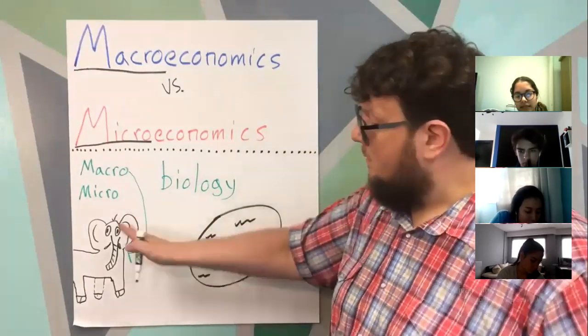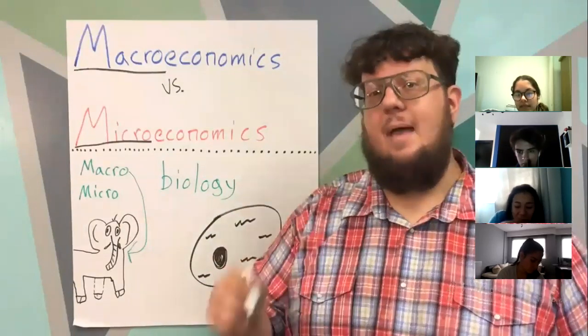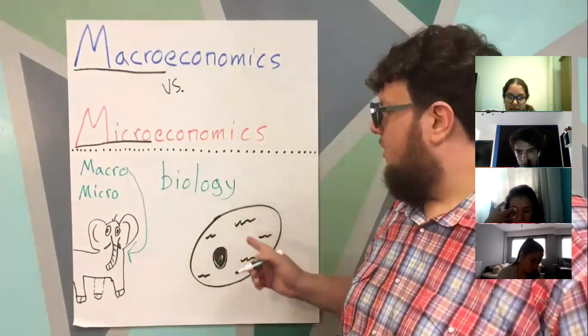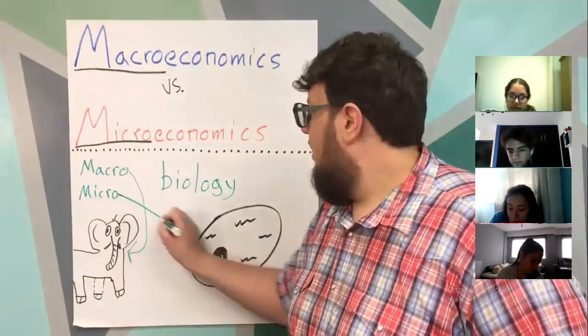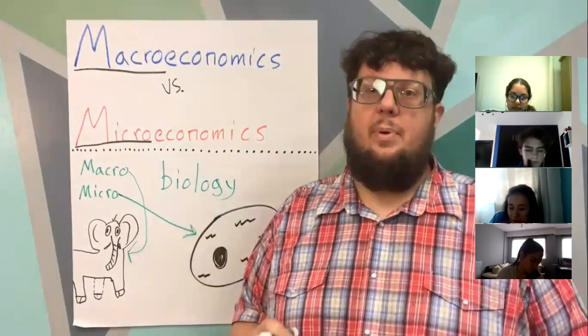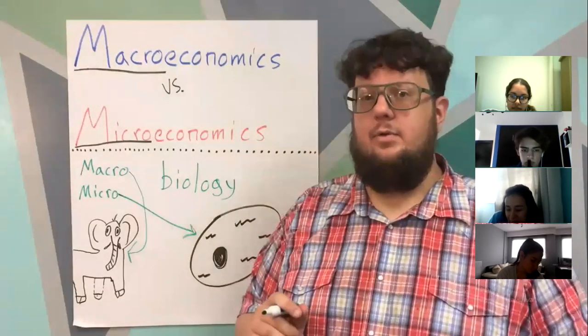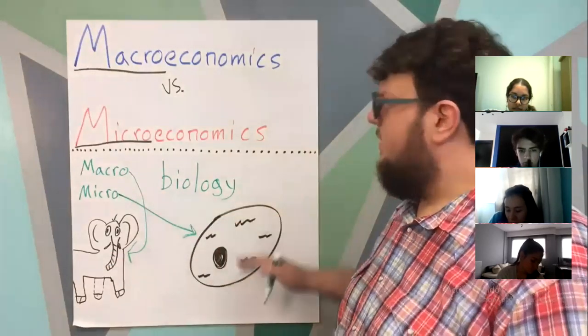If you're studying elephants, you're studying macrobiology. What about Glue Bar? Then Glue Bar has to be microbiology. It's small, we can't see him unless we get a microscope up and we're looking really close. So macrobiology, large things, microbiology, small things.